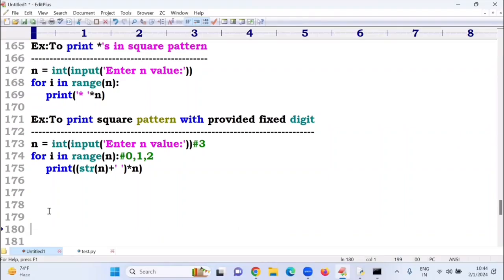If I'm given 3, first row 1, 1, 1. Second row 2, 2, 2. Third row 3, 3, 3. This one I can require. If I'm given 3, first row 3 ones, second row 3 twos, third row 3 threes. Like that required. What to do?